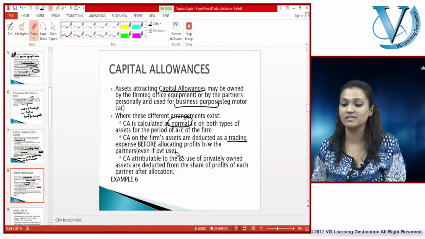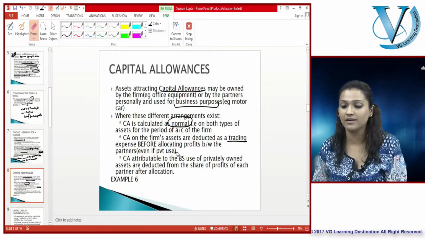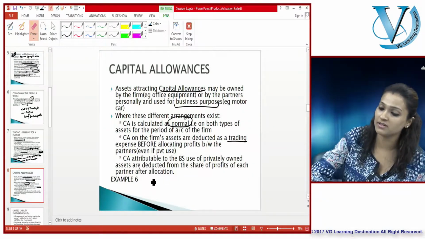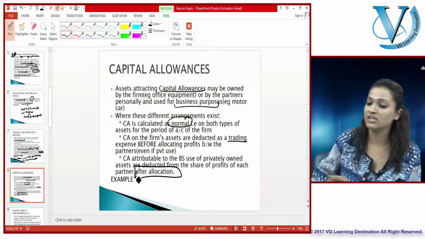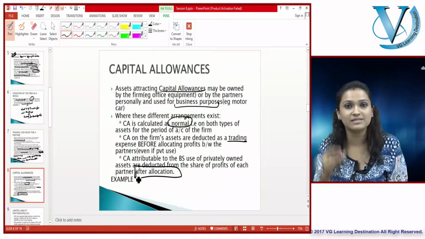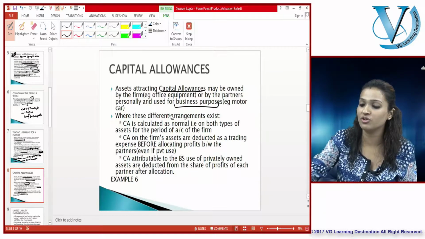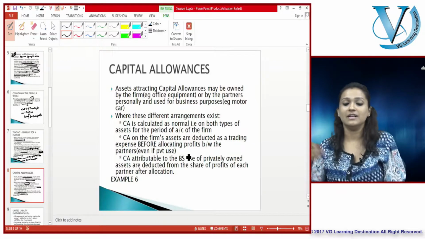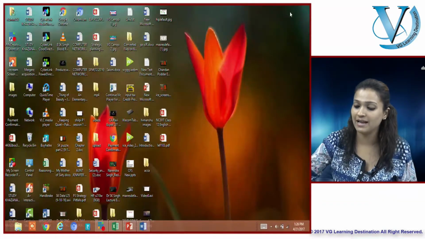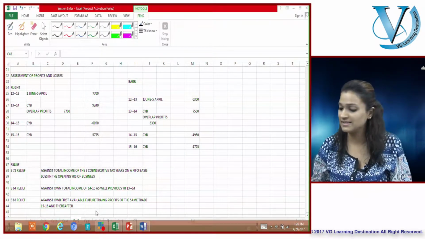Capital allowances attributable to the business use of privately owned assets are deducted from the share of profits of each of the partners after the allocation of profits. So at the onset, you reduce the entire amount of capital allowances and any private use gets reduced thereafter. Let's have a look at example 6 and see how capital allowances get calculated.